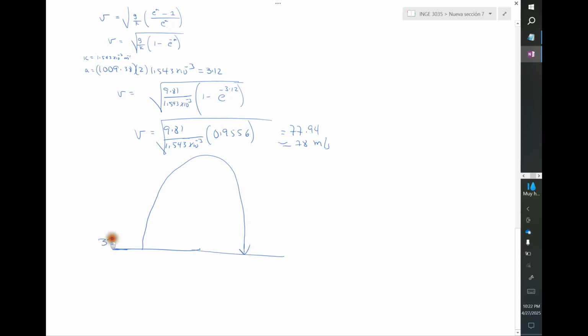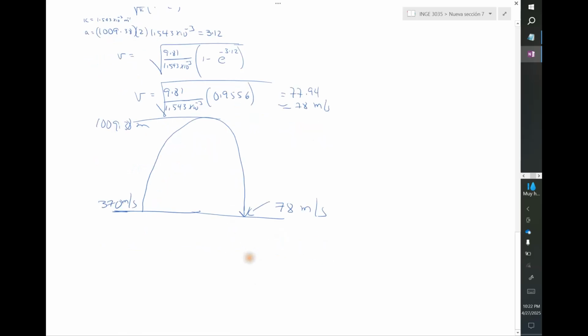So the bullet was fired at 370 meters per second, eventually reached a maximum height of 1,009.38 meters, and then returned back. But here the impact velocity ended up being about 78 meters per second. So the question is, will this be dangerous if you get hit by a bullet that is at 78 meters per second?